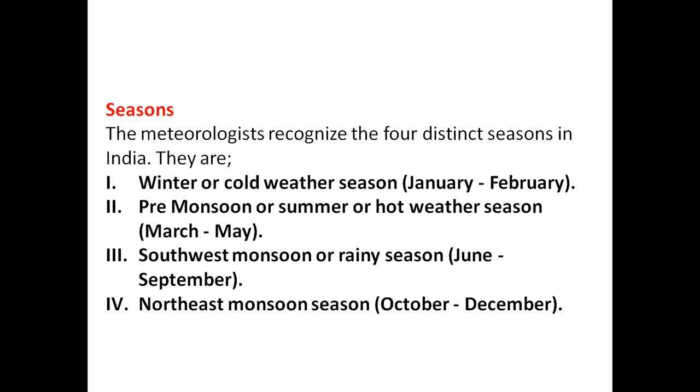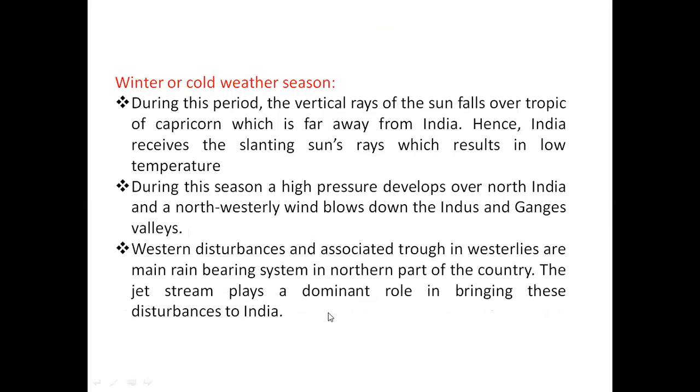Pre-monsoon, or summer or hot weather season, comes from March to May. The next season is southwest monsoon or rainy season, from June to September. The next is northeast monsoon, October to December. So now we are facing the northeast monsoon season. We will see them one by one.